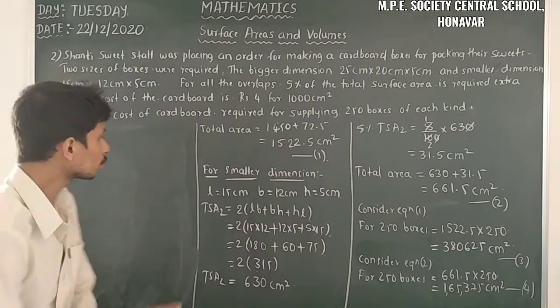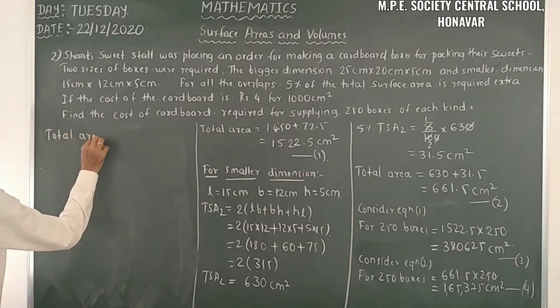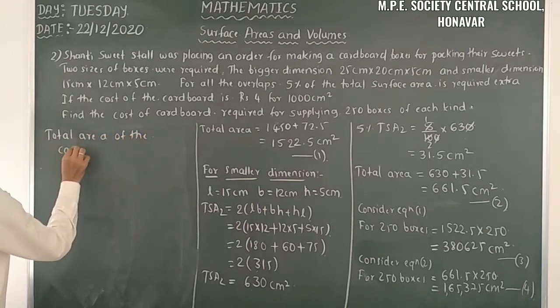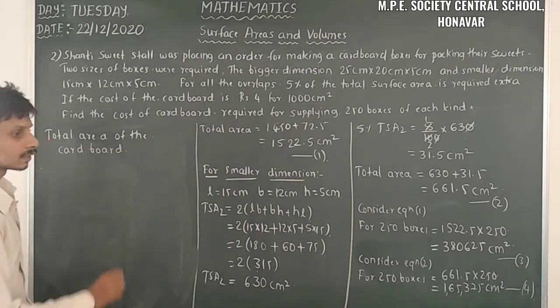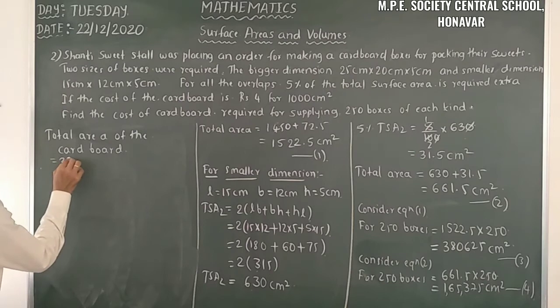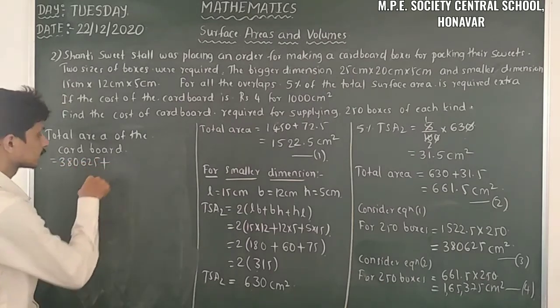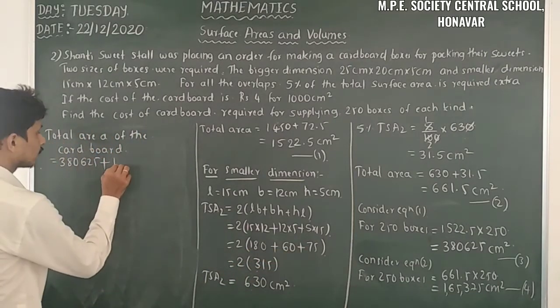That is the total area of the cardboard, which is equal to 3,80,625 plus 1,65,375.